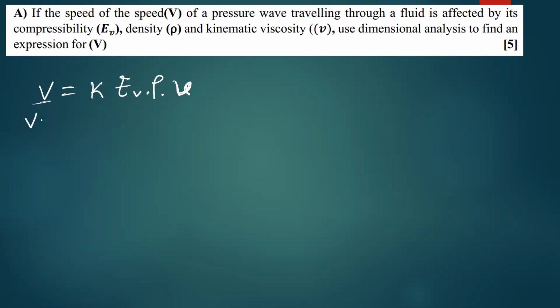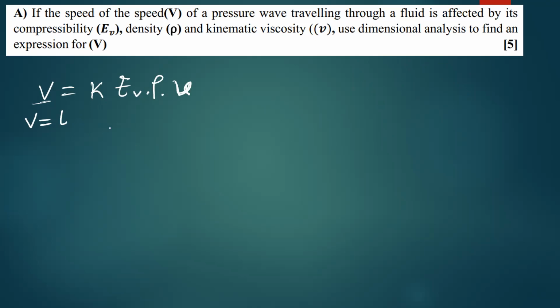We said it's L t to the power -1, but we can also add m to the power 0. It's still fine, because any number or any letter raised to the power 0 will still give you 1. So it doesn't matter whether we add m to the power 0 or not.